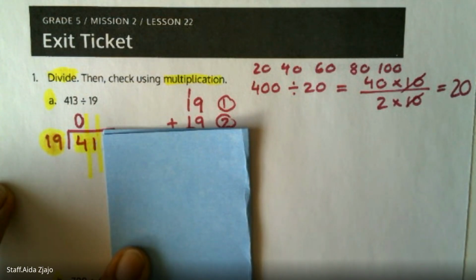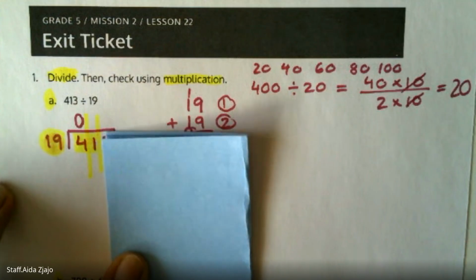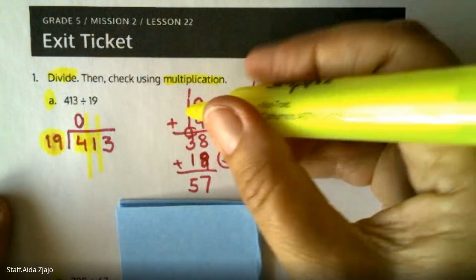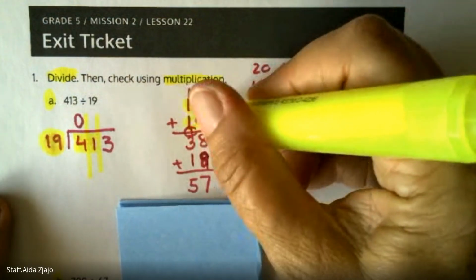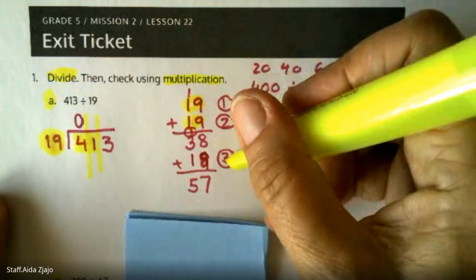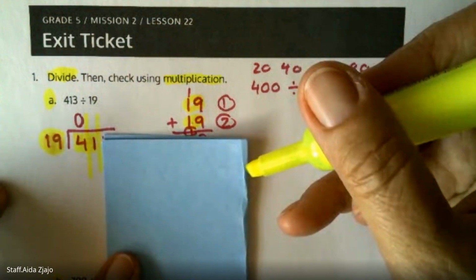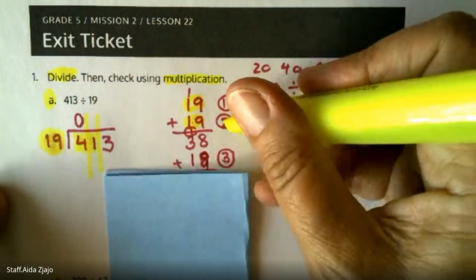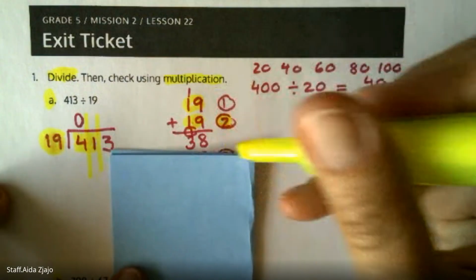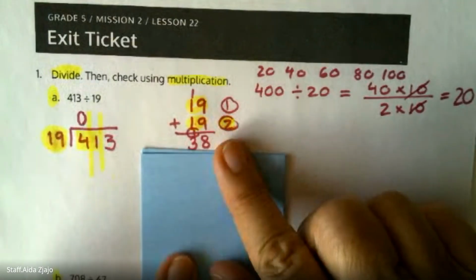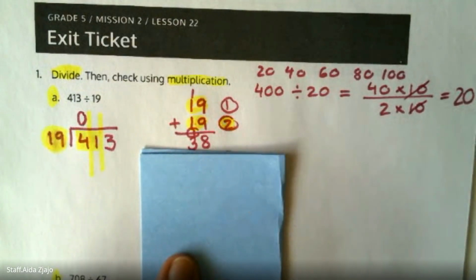But also you can think, if I have 41, can I make groups of 19 in there? Yes, I can. Look, if I say that's 19, 2 19s, if I do 3, that would be 57, but I only have 41. So I have to stop right here. So in 41, there are only 2 groups of 19.